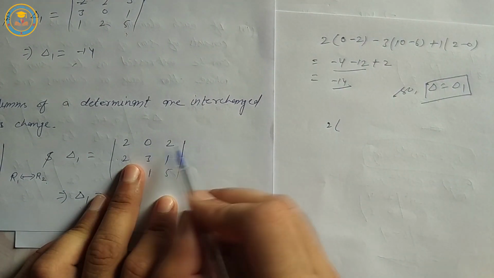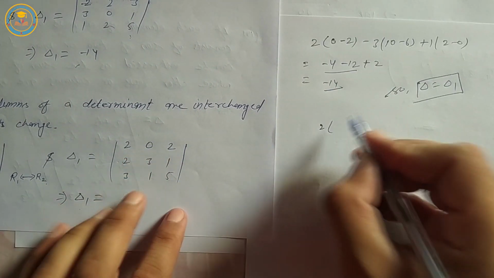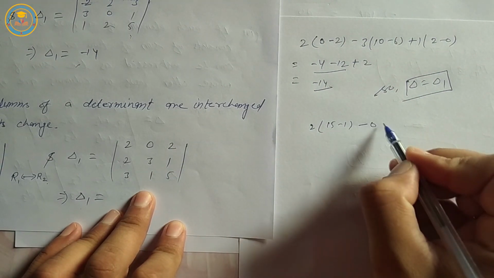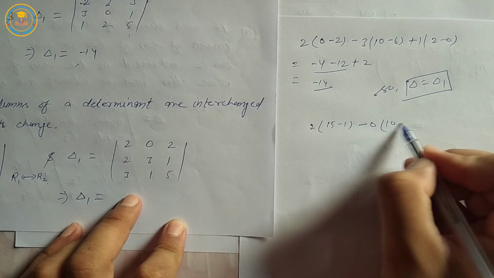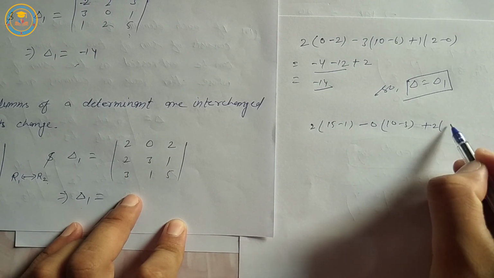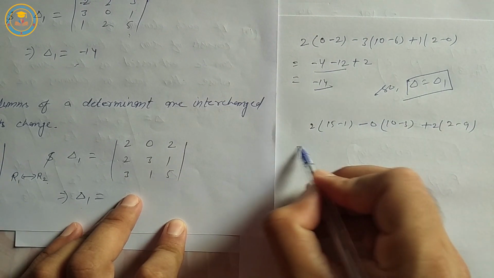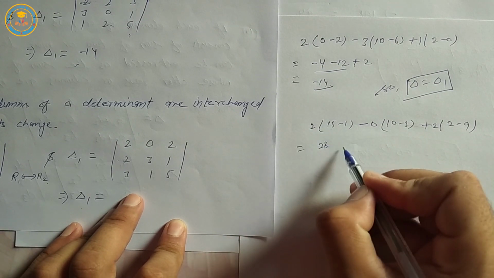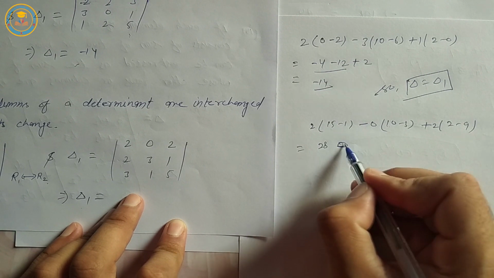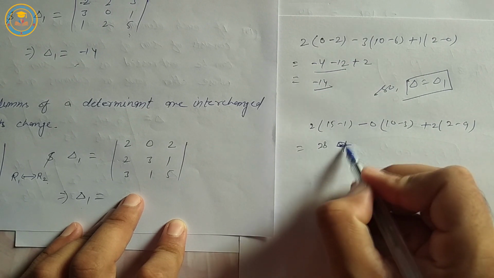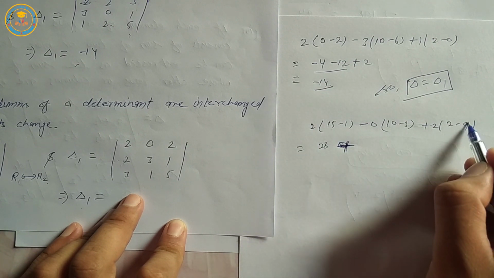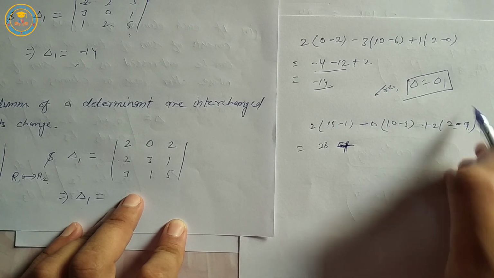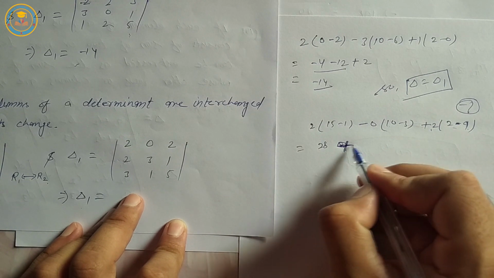On expanding along R1, 15 minus 1 minus 0, 10 minus 3 plus 2, 2 minus 9. Okay, 15 minus 1, 14, 14 into 2, 28, minus 0, plus 9, 2 minus 9, minus 7, 7 into 2, minus 14.